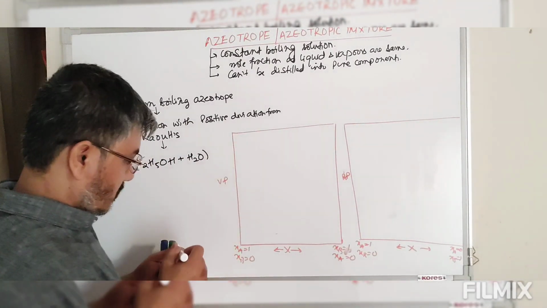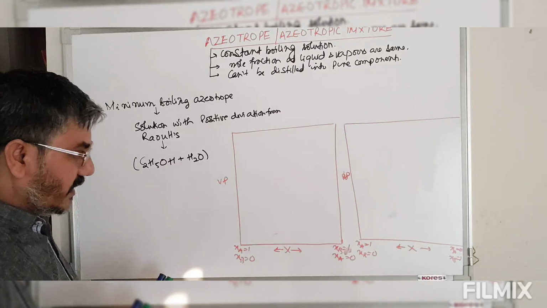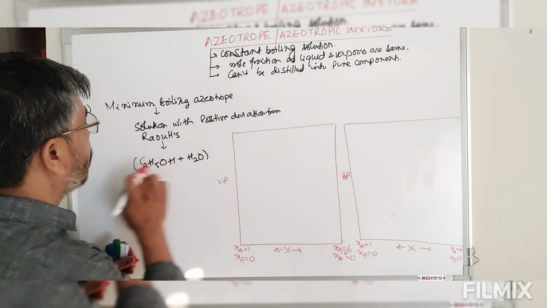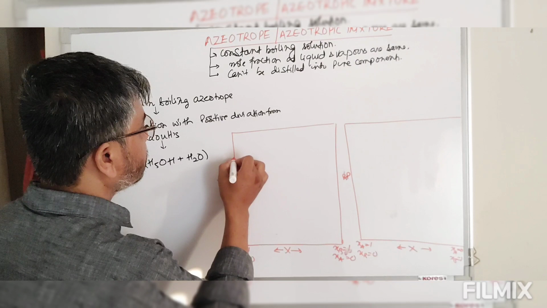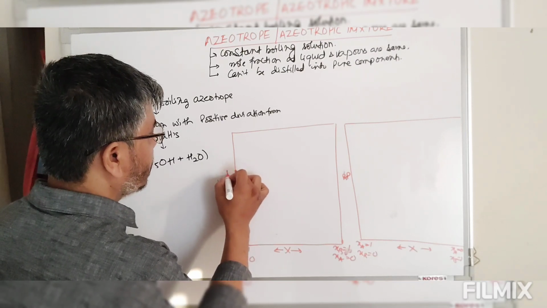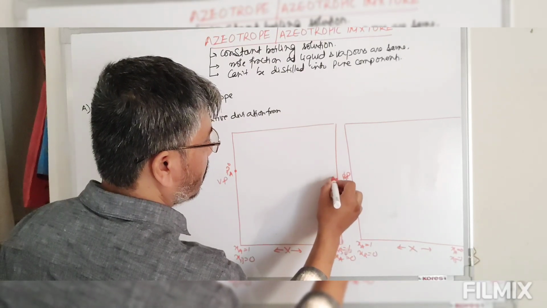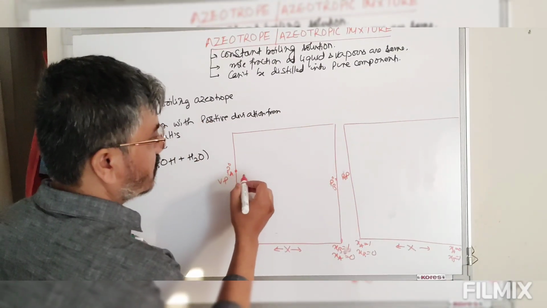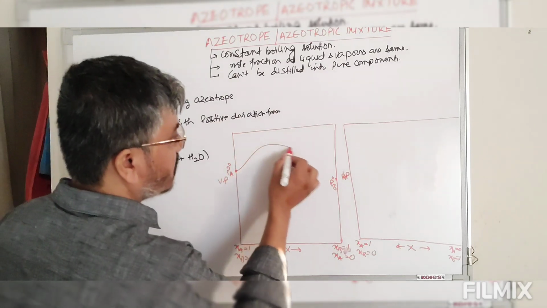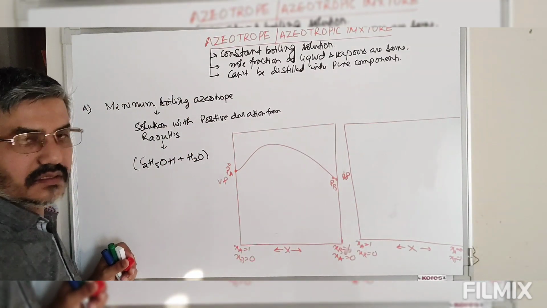Now this is for positive deviation. Suppose this is P_A naught, this is P_B naught. The values are greater than the theoretical value.